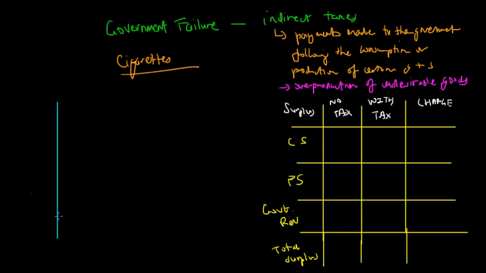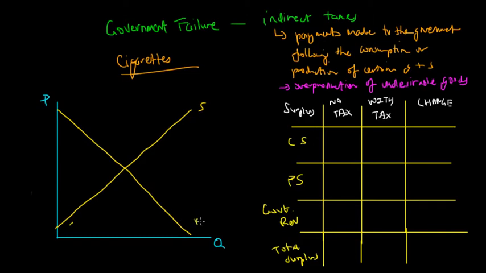Applying this to simple demand-supply analysis, we have the quantity produced on one axis, a relatively upward sloping supply curve, and a downward sloping demand curve. Prior to any changes in tax laws, we see the equilibrium price at P1 and the equilibrium quantity at Q1.